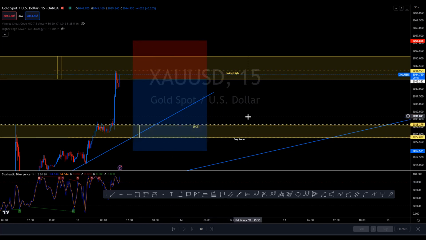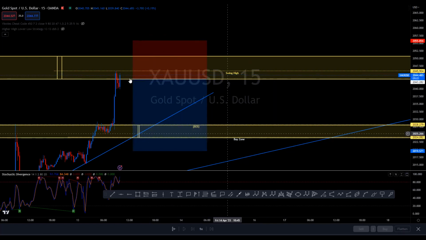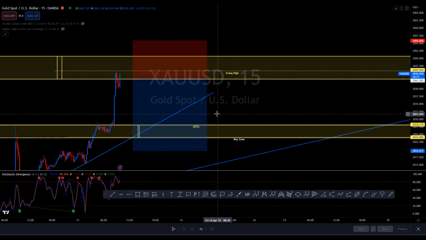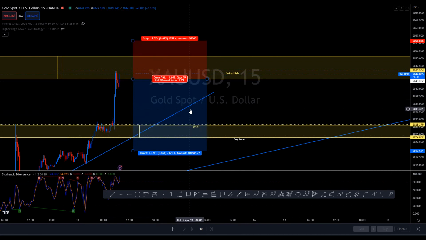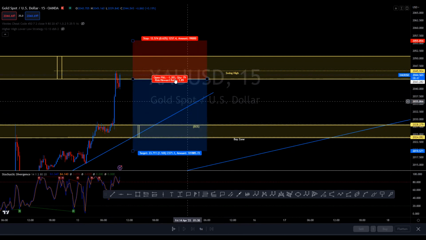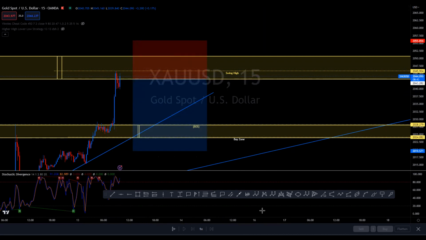I will wait for the next candle, see what happens. If the next candle closes above and it starts to push up here, then I'll probably just go ahead and buy it. I'm tempted to buy it now because it looks like price is retesting this area and pushing out. That might be the case, but I'm seeing that price is kind of struggling to hit this area just a little bit, and I'm seeing the wick.